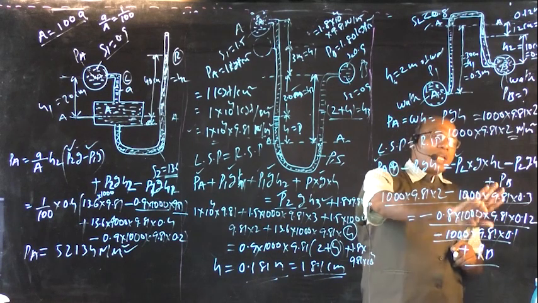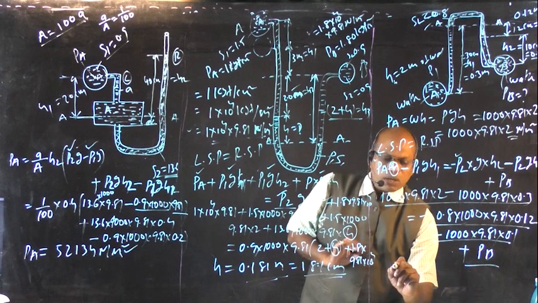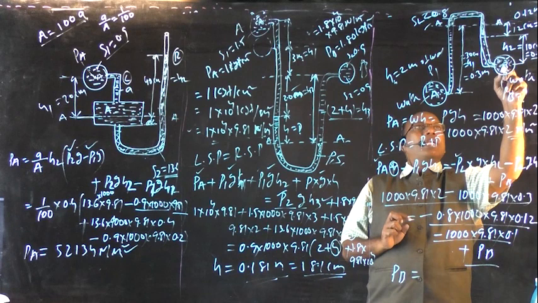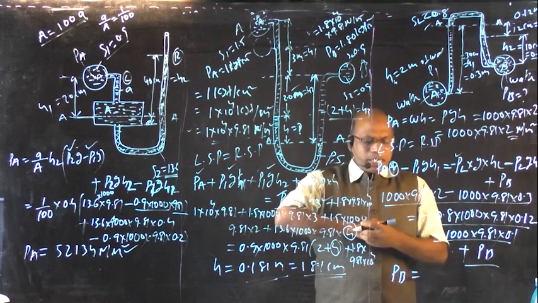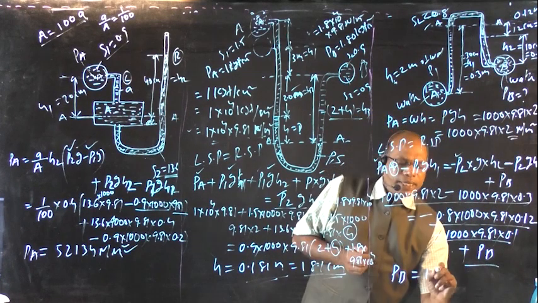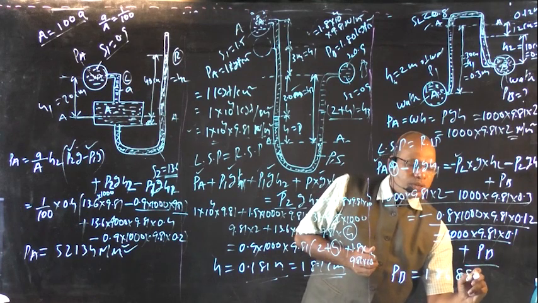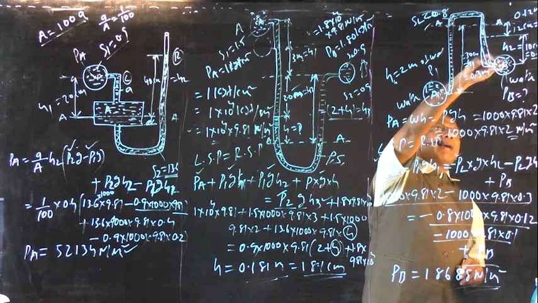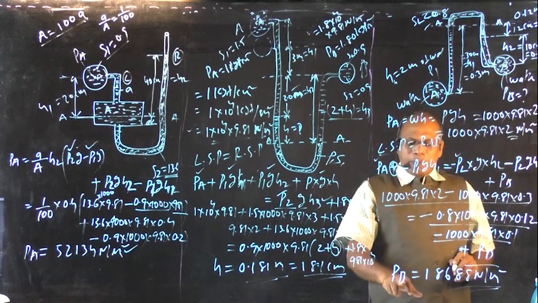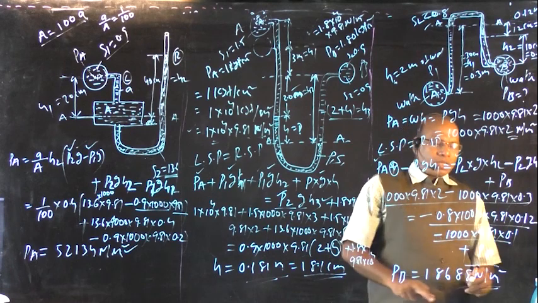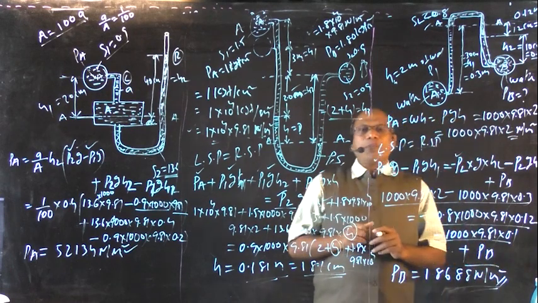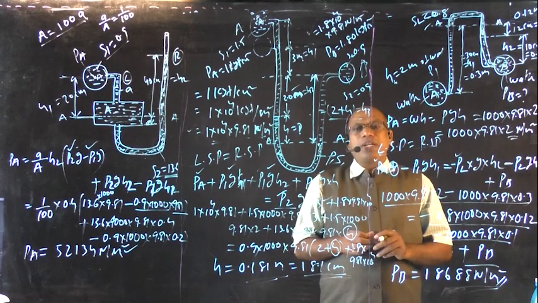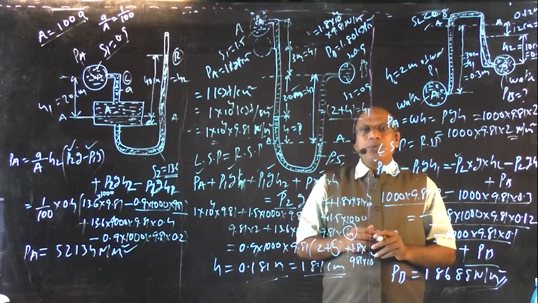In this equation, the only unknown is the pressure at point B in pipe B. The pressure at point B, PB, is equal to 18,688 Newton per meter square. These are the problems related to pressure and its measurement, the problems related to manometers. Thank you one and all.